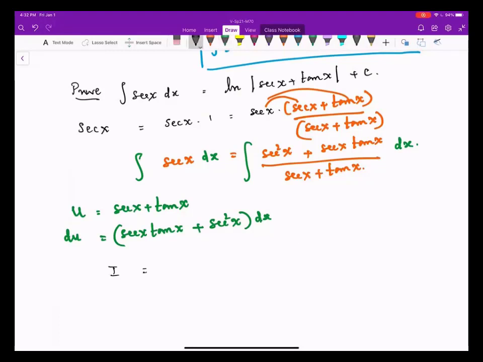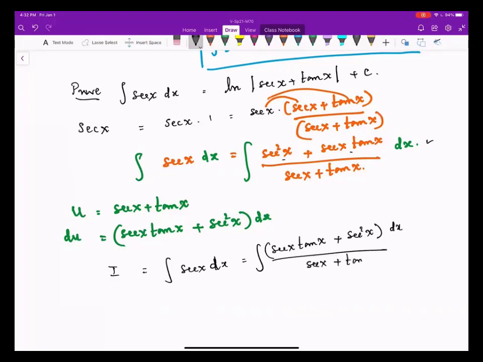So I, which is equal to integral secant x dx, which we wrote as this expression over here, is integral of secant x tan x plus secant square x, I'm just switching these two terms, dx, divided by secant x plus tan x.